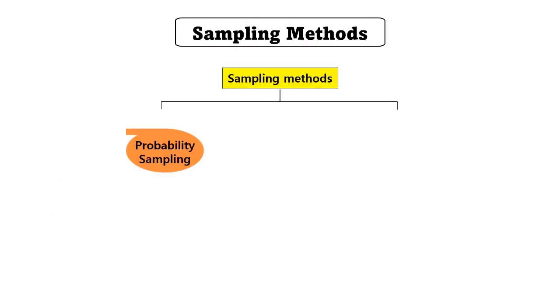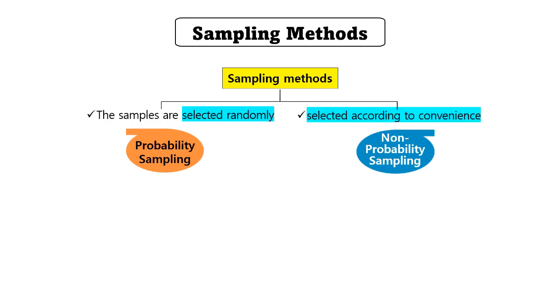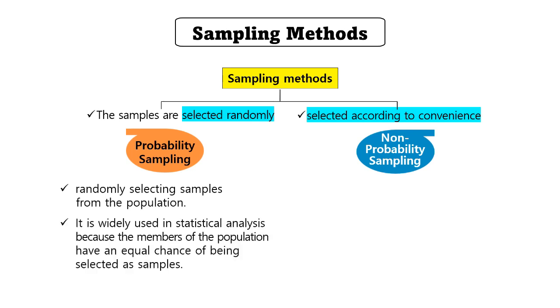Sampling methods can be classified into probability sampling and non-probability sampling, based on whether the samples are selected randomly or according to convenience. Probability sampling involves randomly selecting samples from the population. It is widely used in statistical analysis because the members of the population have an equal chance of being selected as samples.